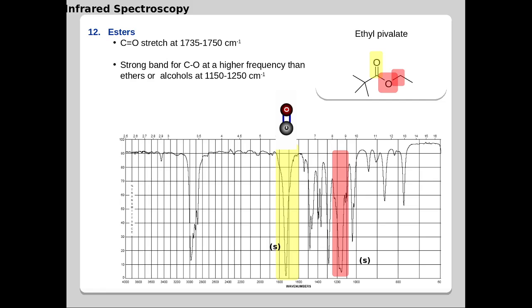Then the carbon–oxygen vibration usually appears between 1100 and 1200 cm⁻¹. So this typical band is what I'm talking about: the carbon–oxygen stretching vibration and the carbonyl stretching vibration. And the rest of the spectrum is again dominated by the hydrocarbon part of the molecule.